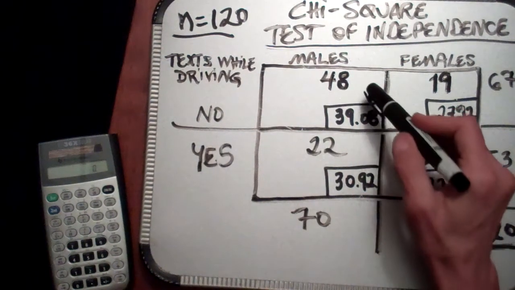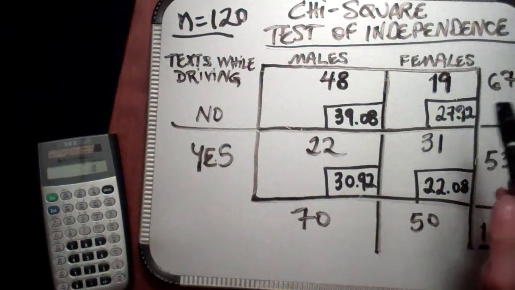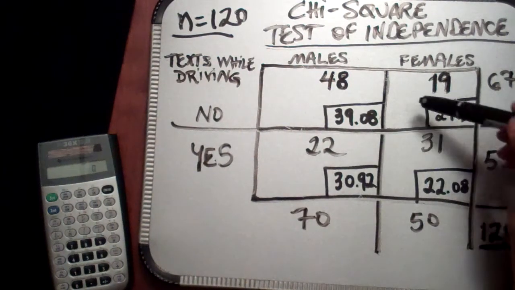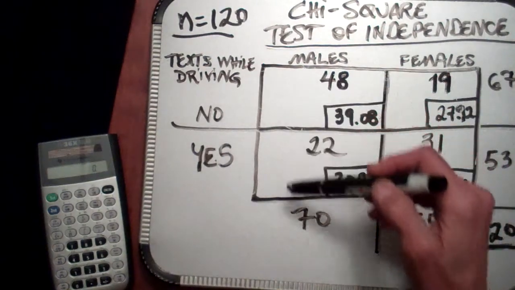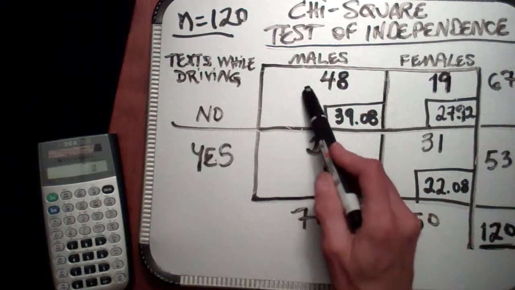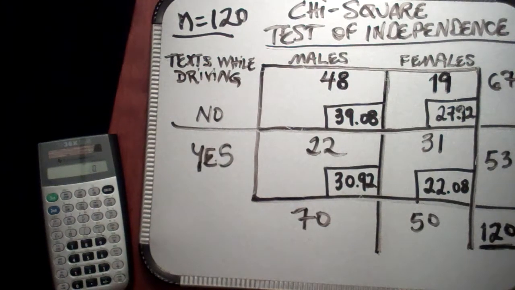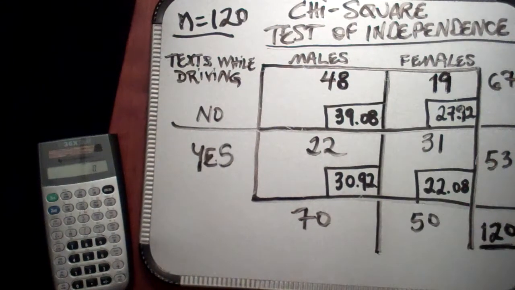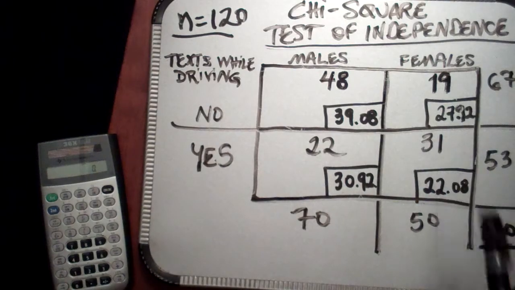All right, so these are your observed frequencies, and you get your outer totals by simply adding together the numbers in the rows and in the columns. 19 plus 31 is 50, 48 plus 22 is 70, again 48 plus 19 is 67, and 22 plus 31 is 53. Now, how do you get your expected frequency for each of these cells?